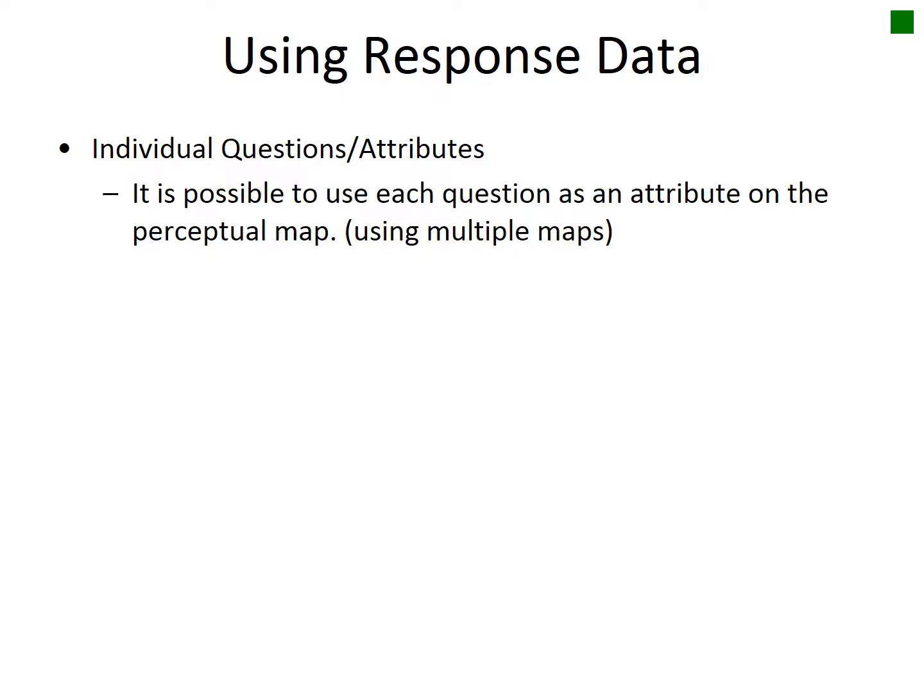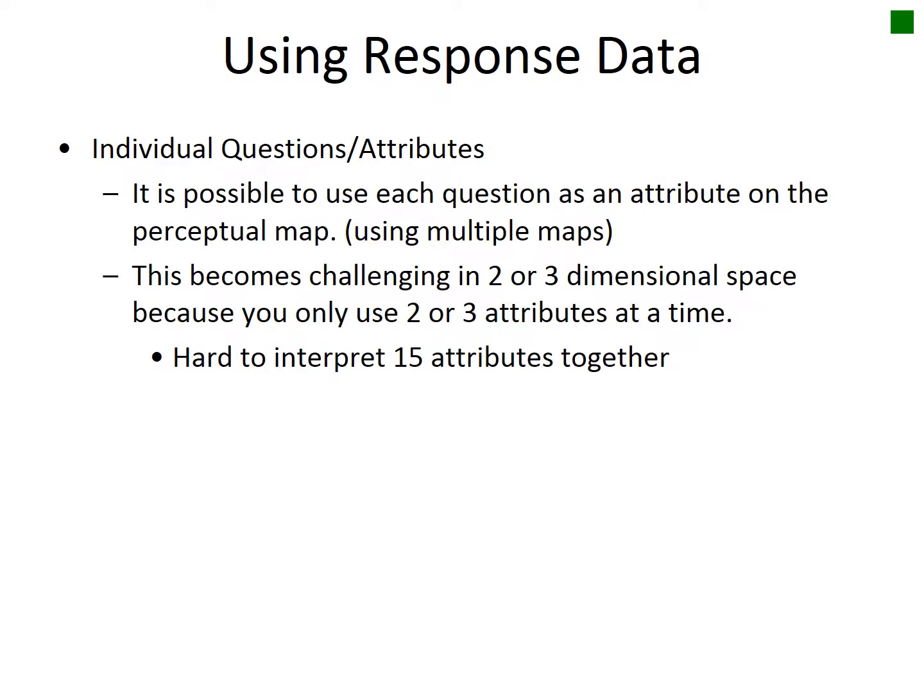It's important to note, though, that with perceptual mapping, if I have a lot of attributes like we have here, I can create many different types of maps. In the previous example, we only used 2 of the 15 attributes. So I could also use many more attributes. However, I'd have to have many more different maps.